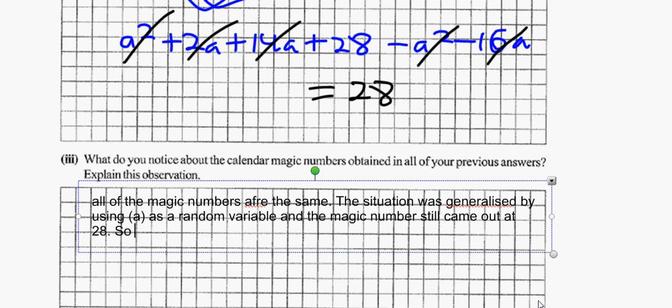So it makes no difference where the 3 by 3 square is moved. The magic number will always be 28.